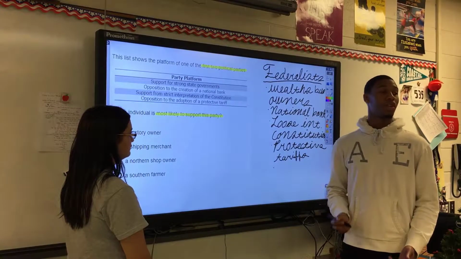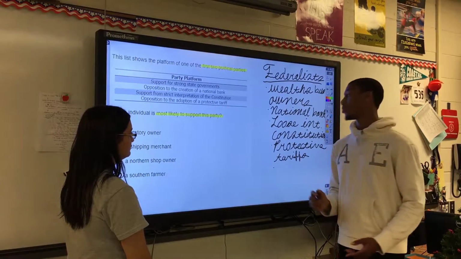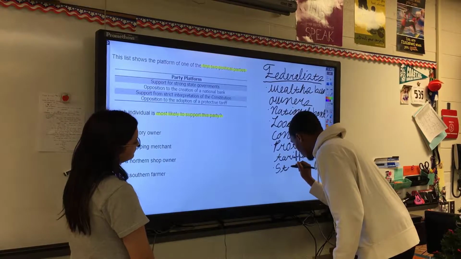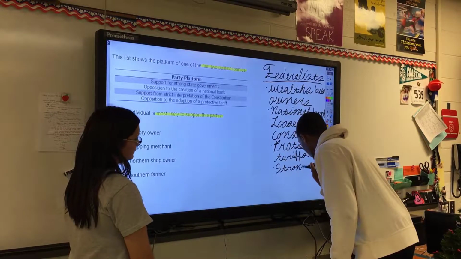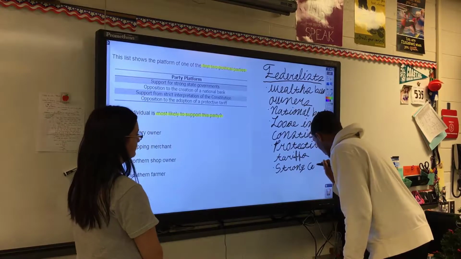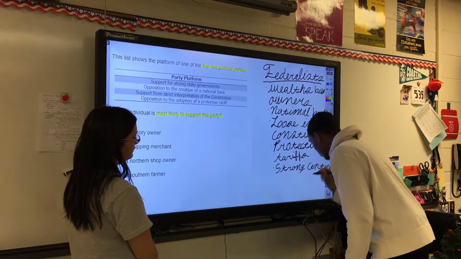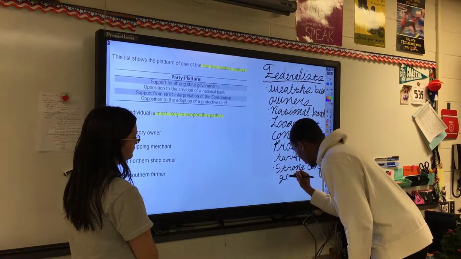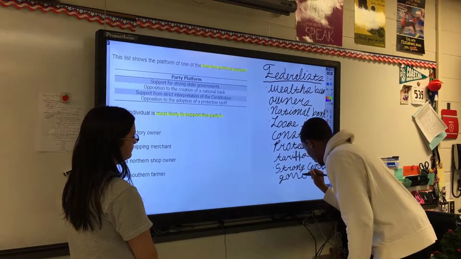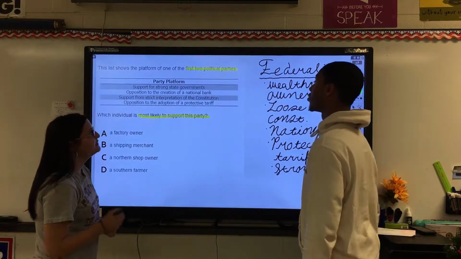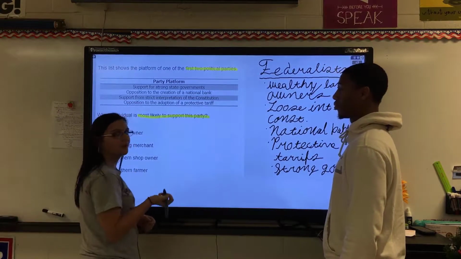And finally, the Federalist Party is in support of a strong central government. I know that the second political party are the Democratic Republicans.